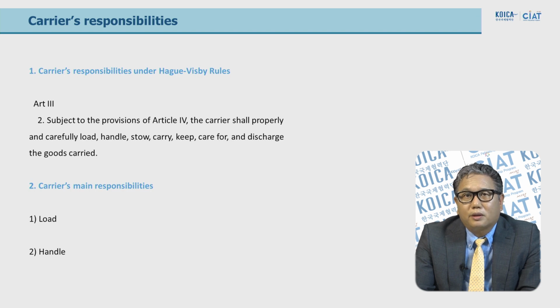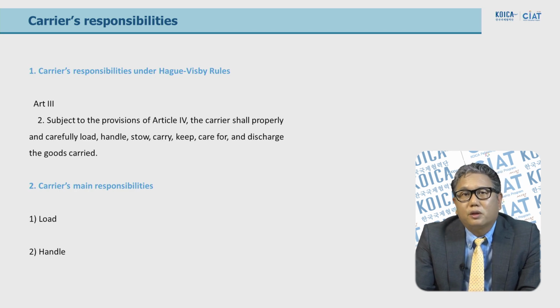Let's look at these responsibilities one by one. First of all, it mentions the carrier's duty to exercise due diligence. The first word is "properly", which is used to describe the due diligence that should be exercised considering the nature of the goods carried.